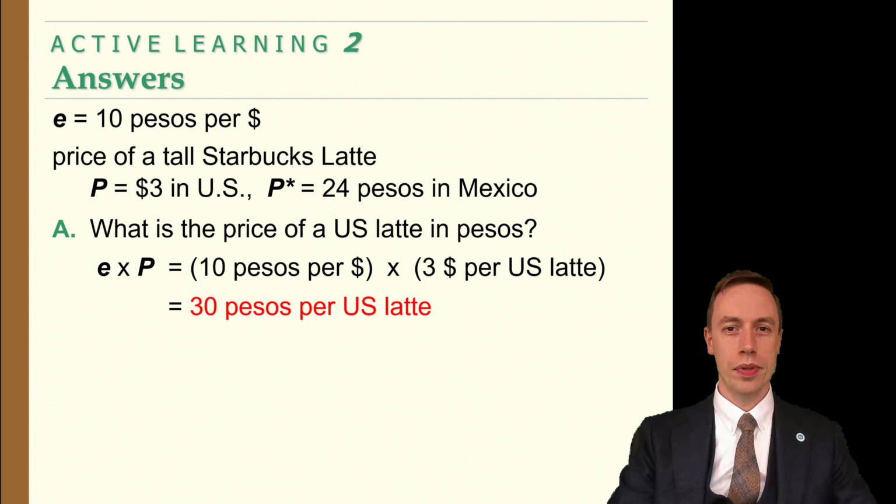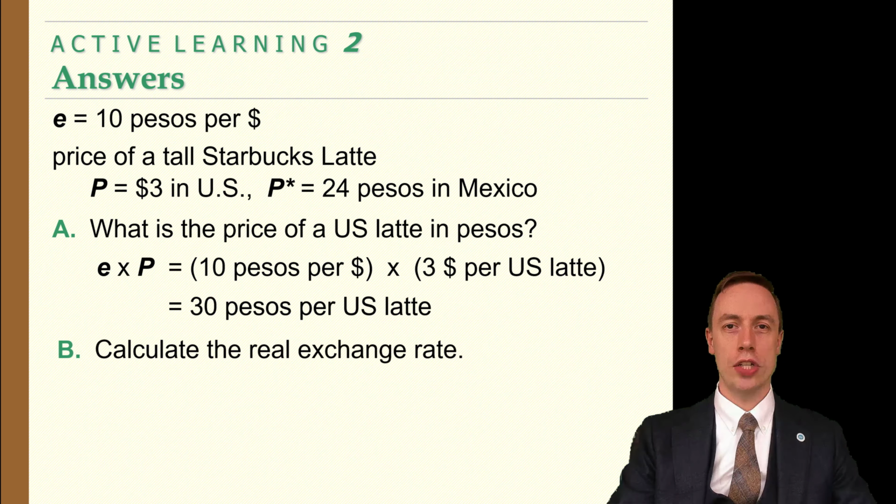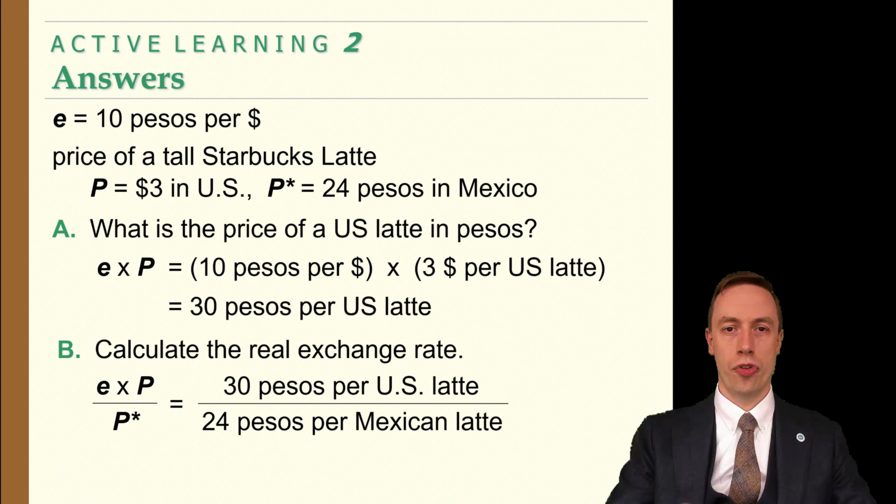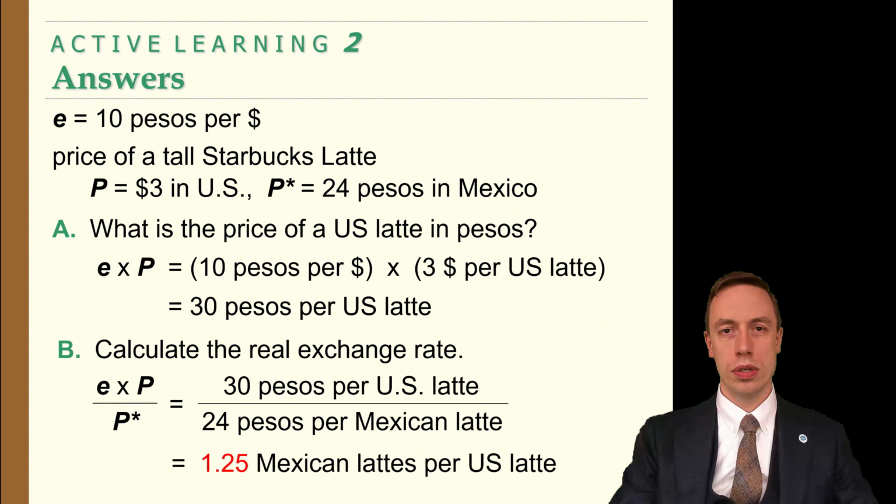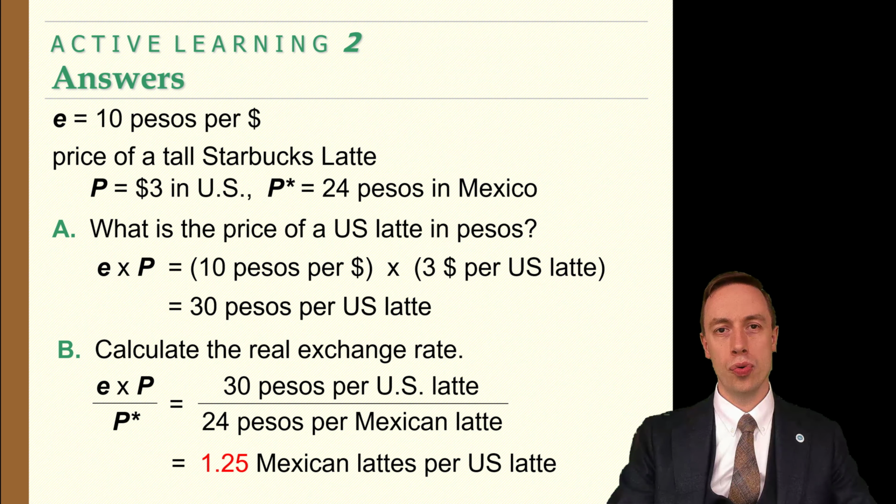Step number 2, compute the real exchange rate by dividing that number by the price of the Mexican latte, 24 pesos. 30 divided by 24 leads us to conclude that a US latte costs 1.25 Mexican lattes.